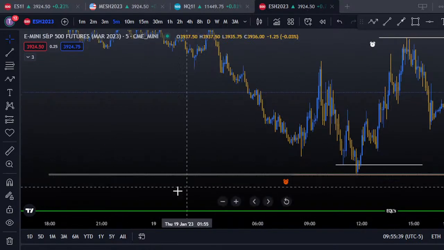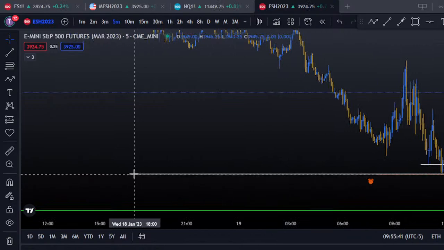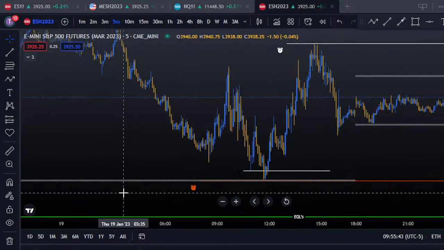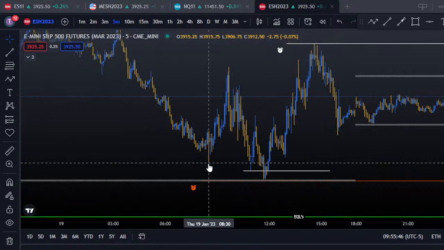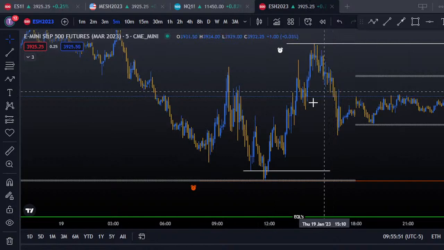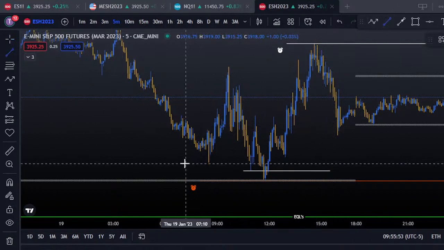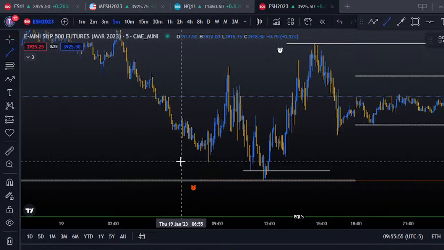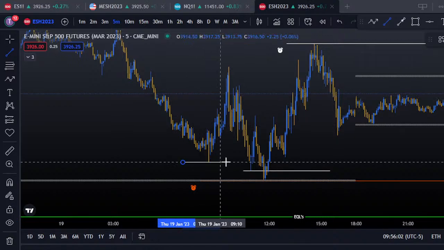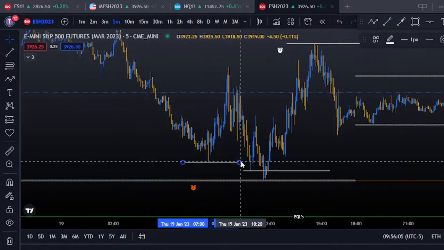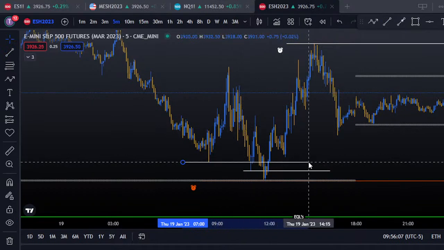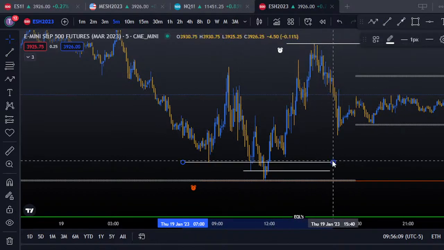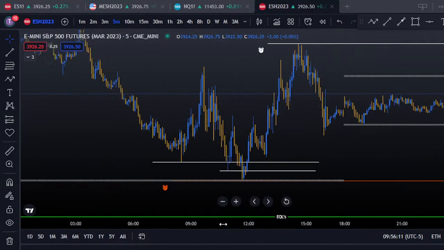Okay, as you see, remember I told you these represent yesterday's low. So at one point this was the defined low that was made at 8:30 right here. So let's just show these real quick.